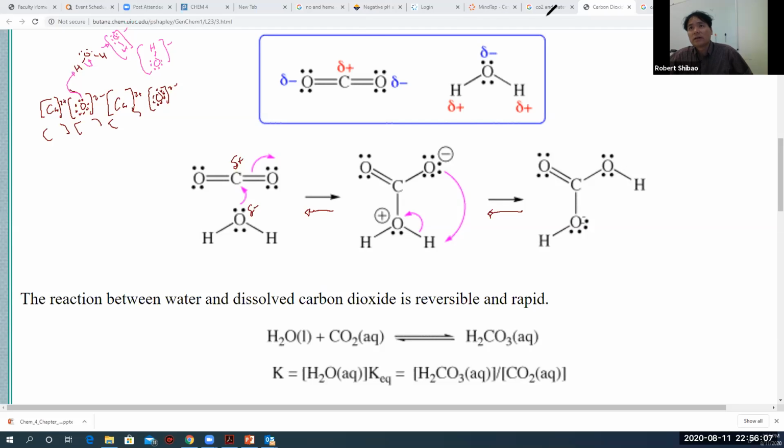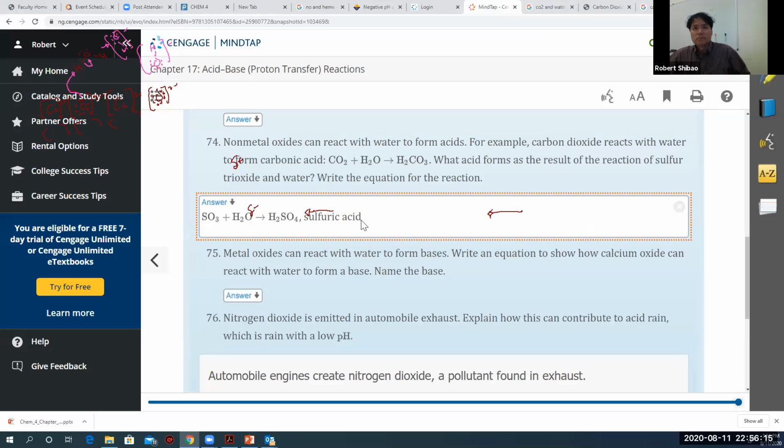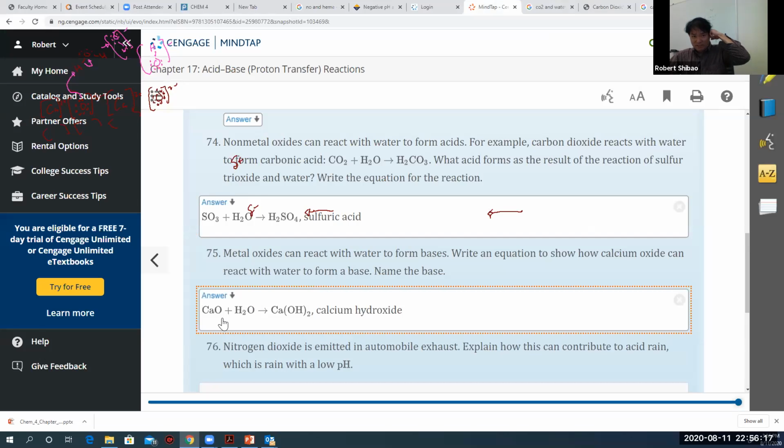So let's take a look at that reaction here. Calcium oxide plus water ends up forming calcium hydroxide. This is a Lewis acid-base reaction, or Bronsted. In this case, Bronsted works. With CO2, Bronsted's not going to work. But for this one, Bronsted will work because water is the acid.